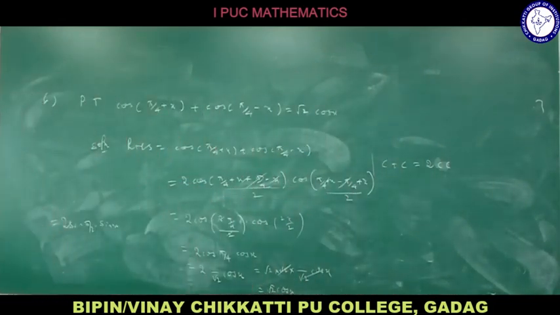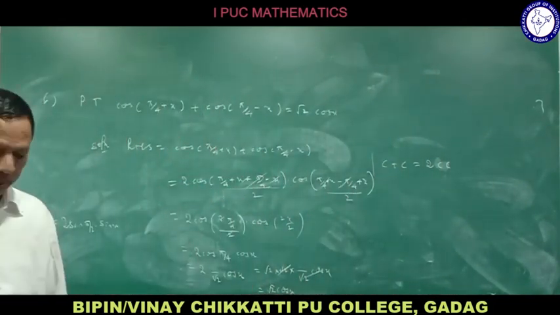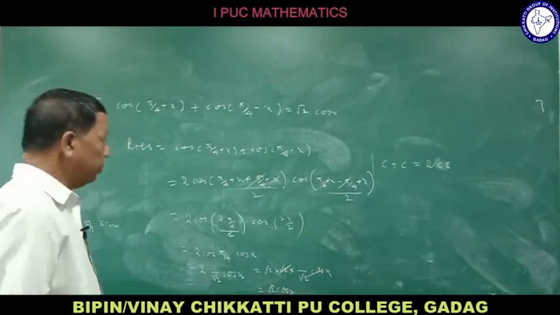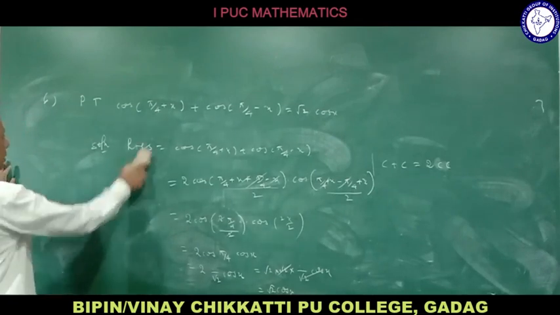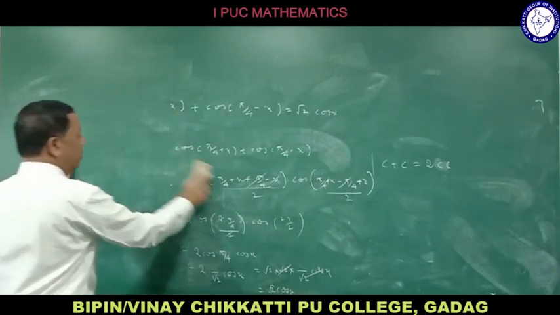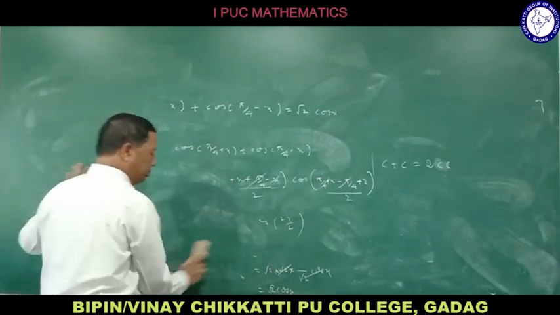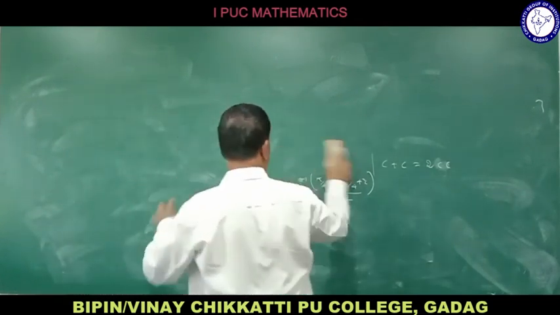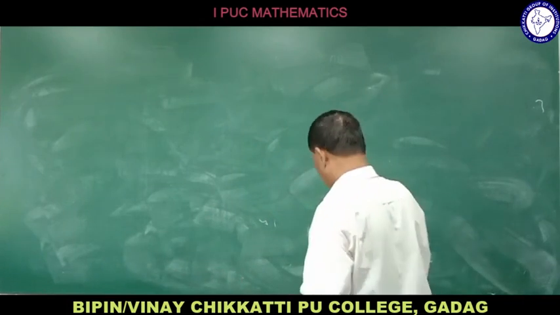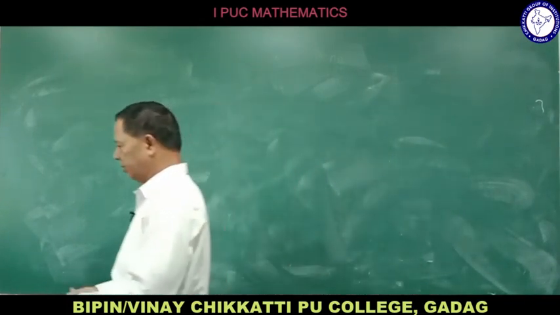The point is that if you use the wrong formula, then you cannot prove the results, so be very perfect with the transformation formula. One more problem I want to take, and that completes this session.